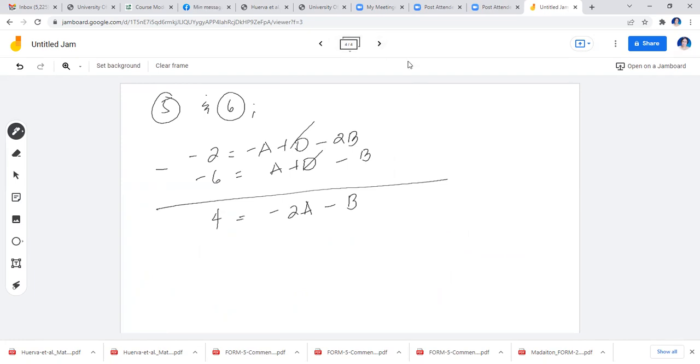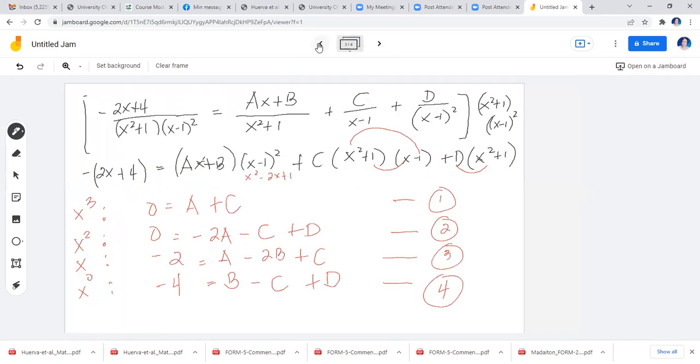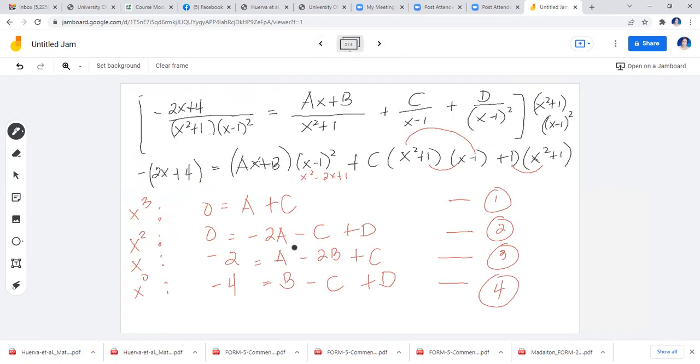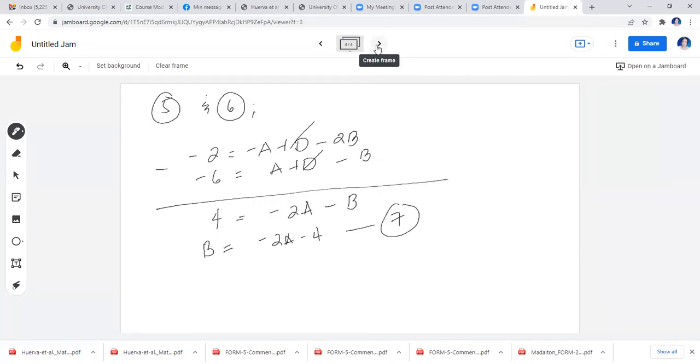So we can express b. Your b here, your transfer here, will be negative 2a minus 4. This will be equation 7. Then that b will be substituted so that we'll have a and c in equation 3.